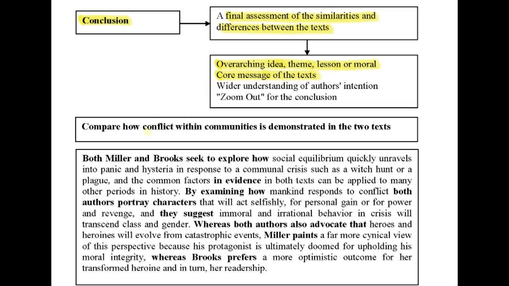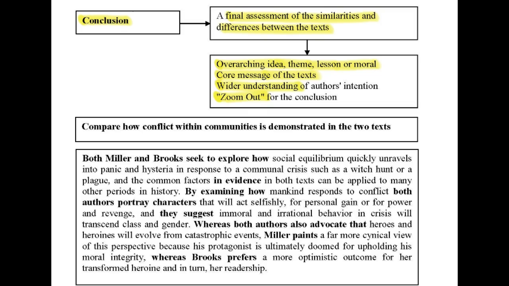Whereas with the topic sentences and the evidence for those topic sentences, we've been looking at a lot of detail, the conclusion gives us a chance to zoom back out and give the broader context of the text. Another way of stating that is we want to write about the wider understanding of the text.